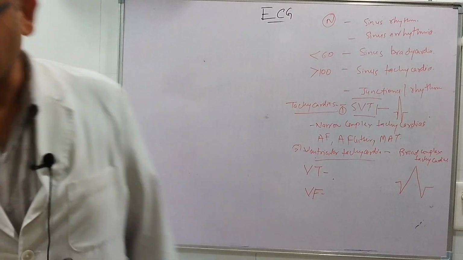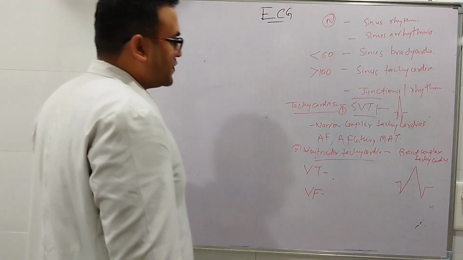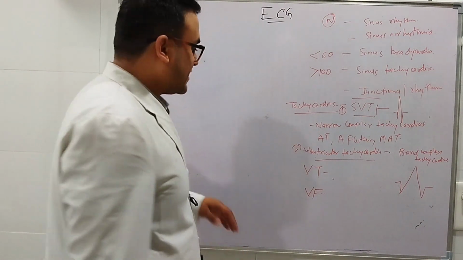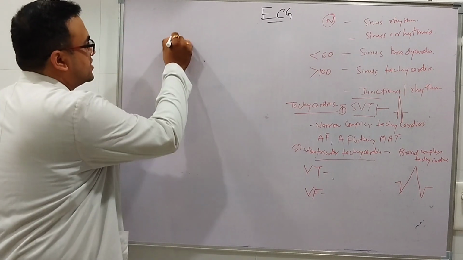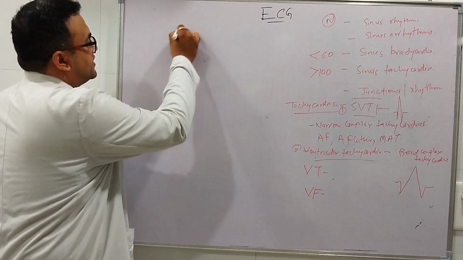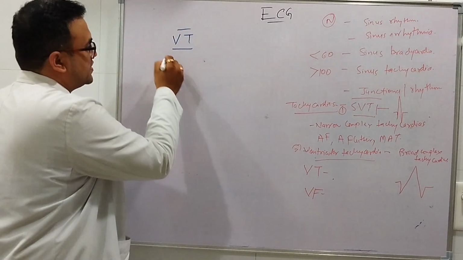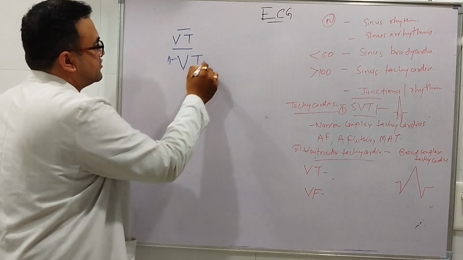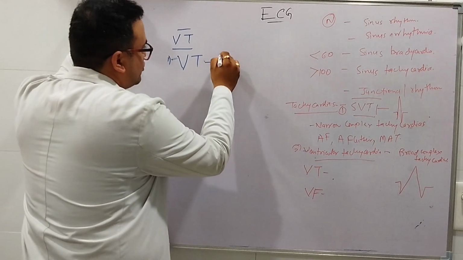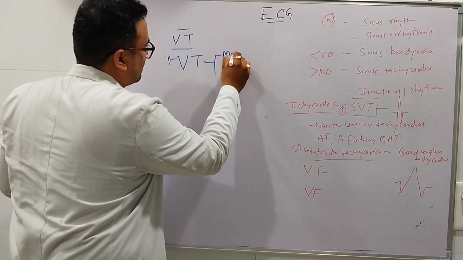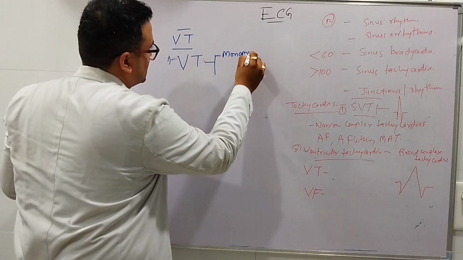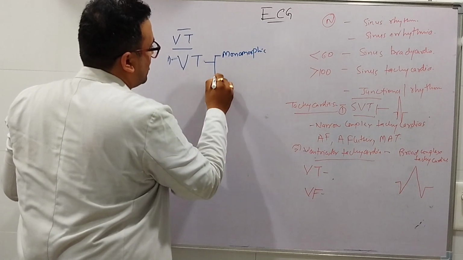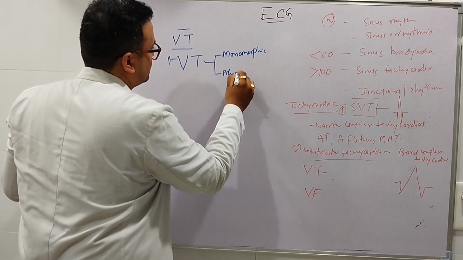Okay, so now we come to the ventricular tachycardias. As we discussed, in ventricular tachycardias, number one is VT, ventricular tachycardia. It can be of two types: monomorphic VT or polymorphic VT.